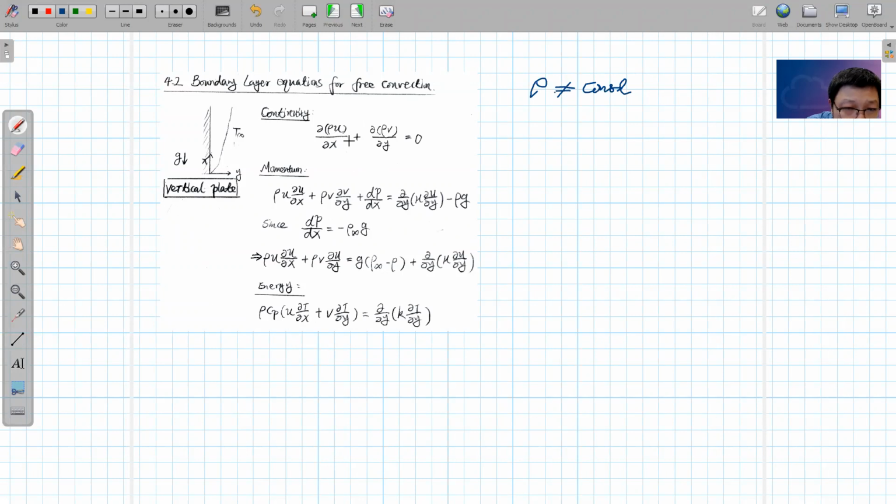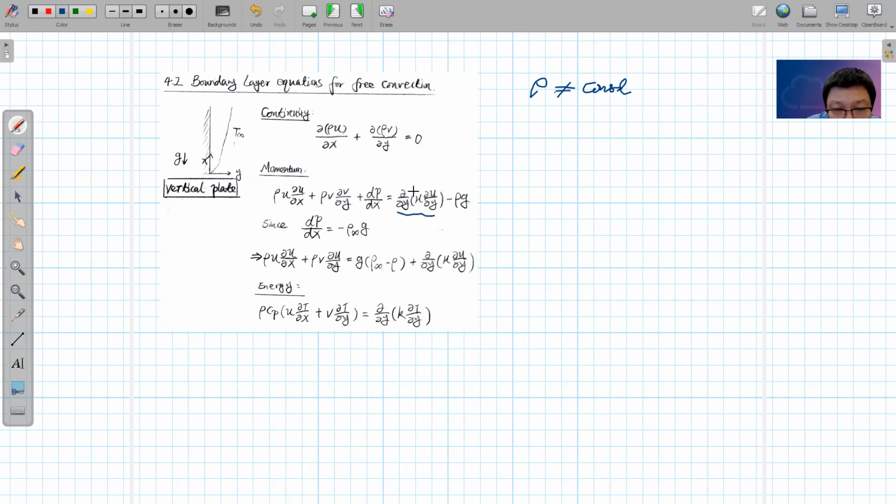The rho has to be considered in the continuity equation. And for the momentum equation, we have the convection terms, rho u and rho v, the pressure term, and also the viscous term, which you can also call the friction term.